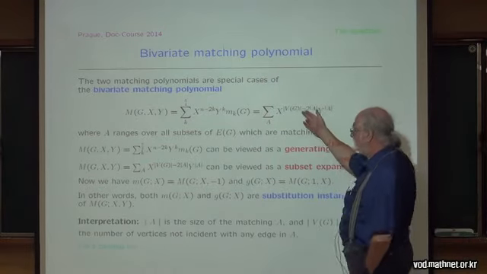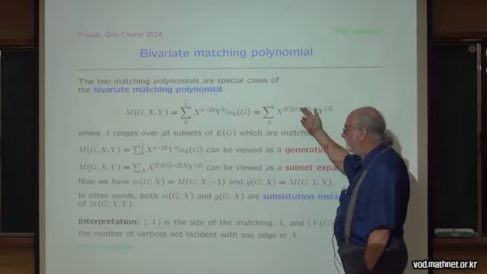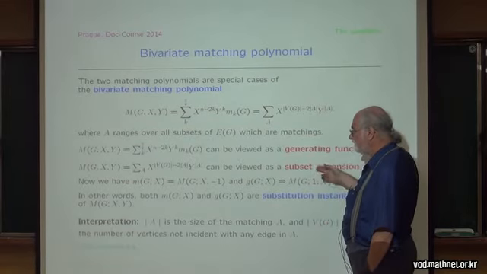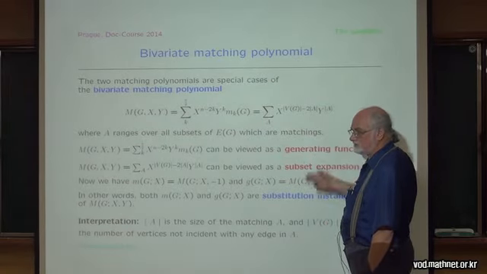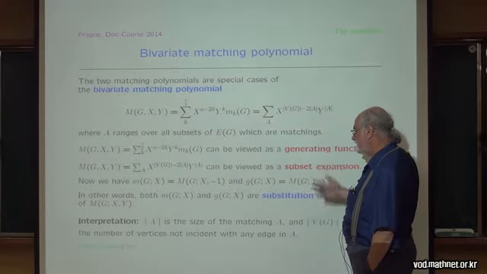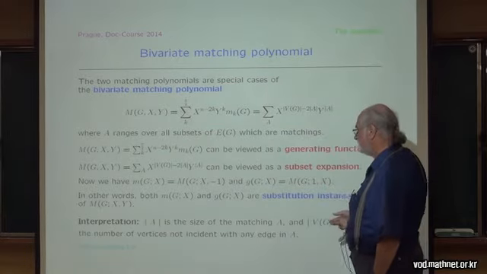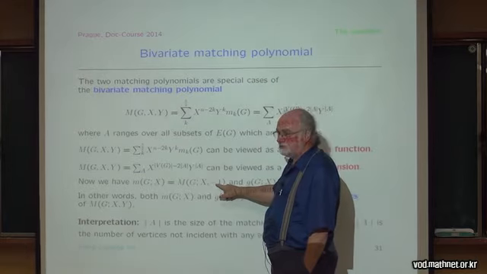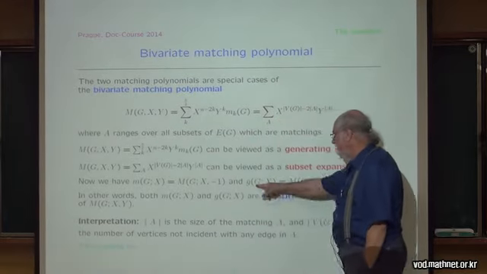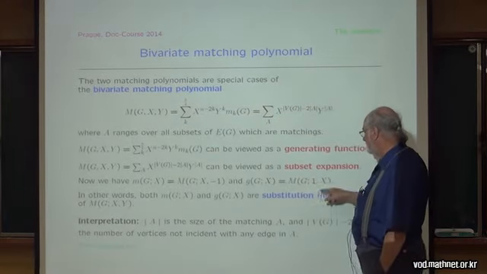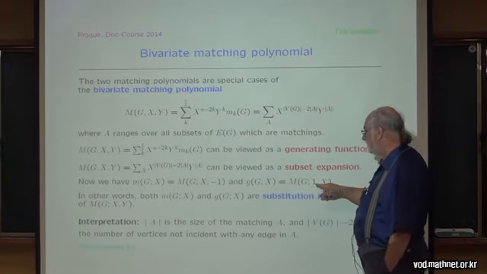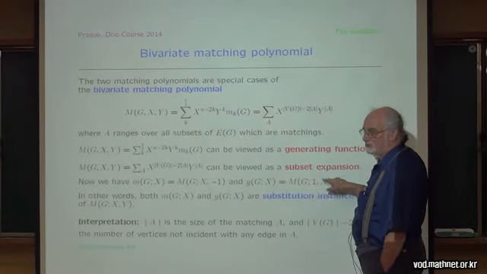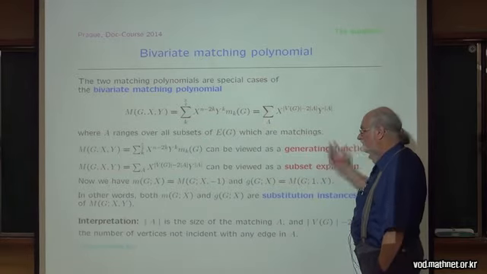So this can be viewed as a generating function of a special kind. It also can be viewed as a subset expansion of a special kind. And you have substitutions: the small m can be obtained from the big M by substituting y minus 1, and the g can be obtained from the big M by substituting for the first variable 1 and for the second variable x, or however you name it.